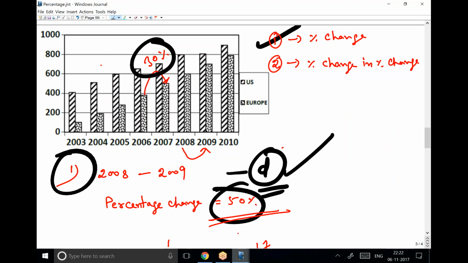Now they are asking for the difference between the estimated subscription in Europe in 2008. So they're looking for a difference here. But if you see the answer options, which answer option can you immediately remove? There are 5 answer options: 50, 80, 20, 10, and 0.